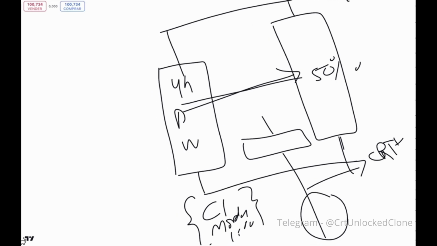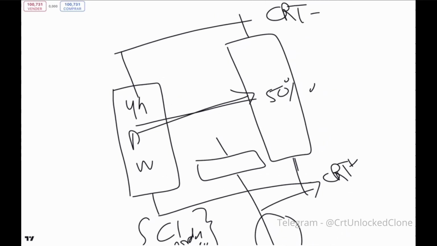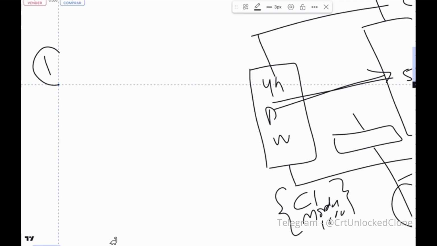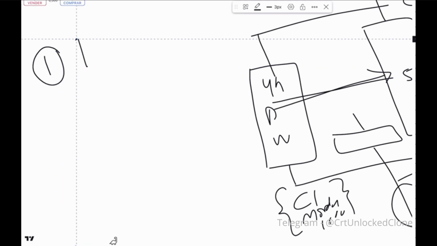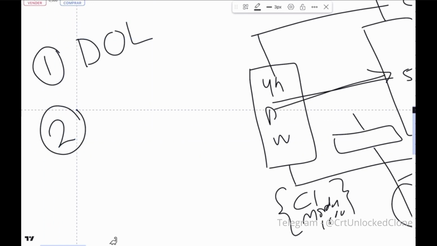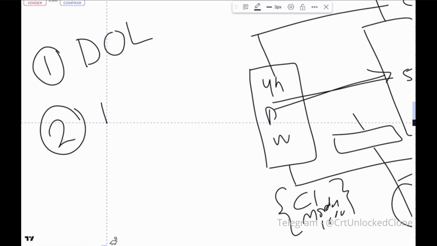You're looking to catch one of these on the 4-hour time frame every week, and you're good. So, first of all, CRT is the most accurate way to determine the draw on liquidity. It's the most accurate way to determine where the price is heading to next.